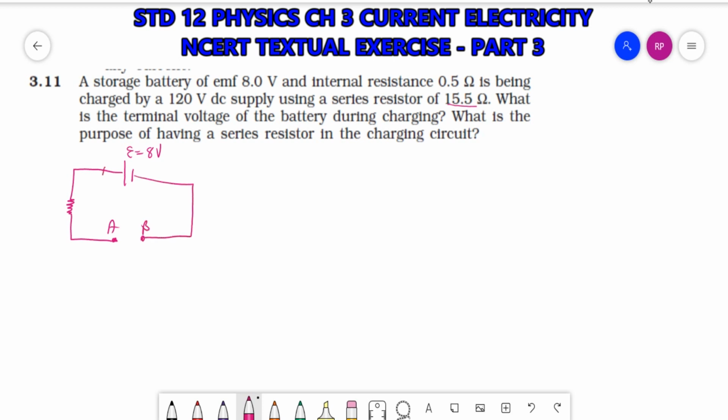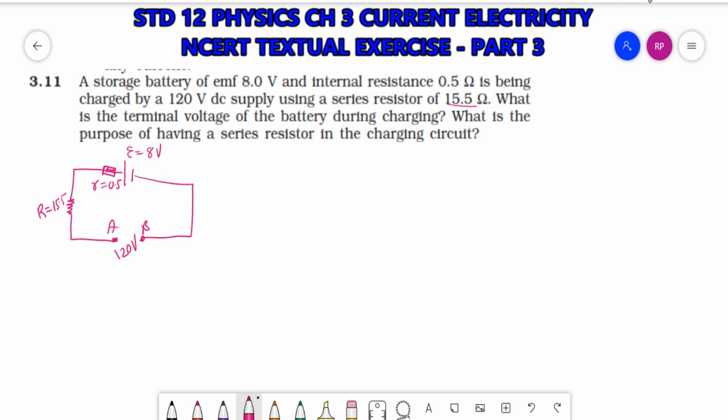The internal resistance of the battery is r equal to 0.5. Series resistor R is equal to 15.5. Now A and B are both connected by a 120 volt supply.